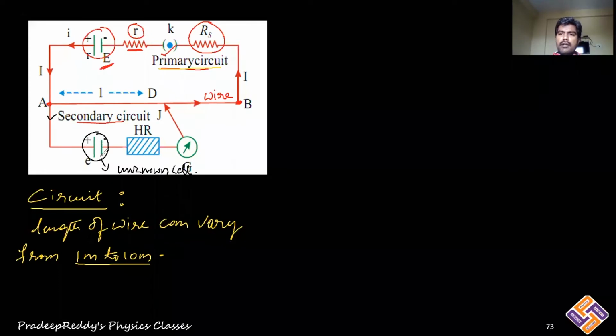Unknown cell EMF you do not know. And there is HR. HR stands for high resistor box. And this high resistance box offers very high resistance over here. Along with this high resistor box, there is a galvanometer. This is symbol of galvanometer. Along with the galvanometer, it is connected to a jockey. This is jockey.